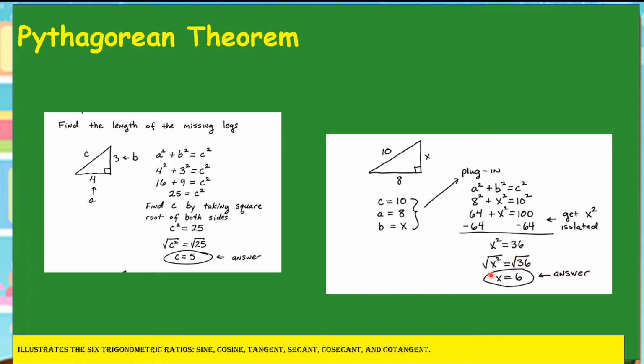Then find the value of x by taking the square root of both sides. The square root of x squared is equal to the square root of 36, and the value of x is 6. So this is how we solve for the unknown part of the right triangle using the Pythagorean theorem, which is a squared plus b squared equals c squared.